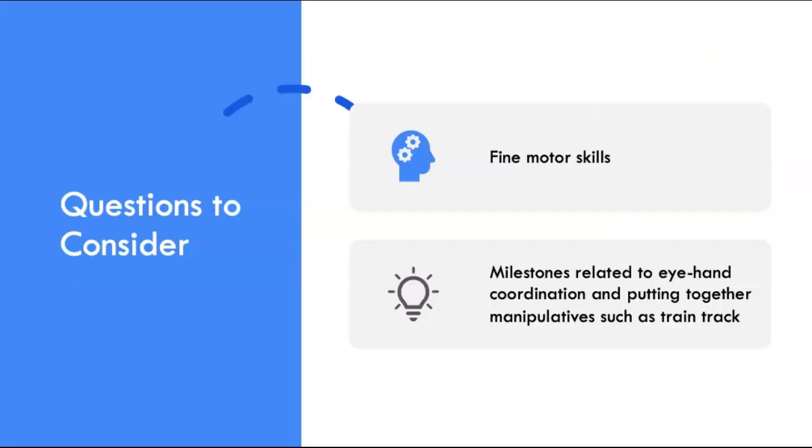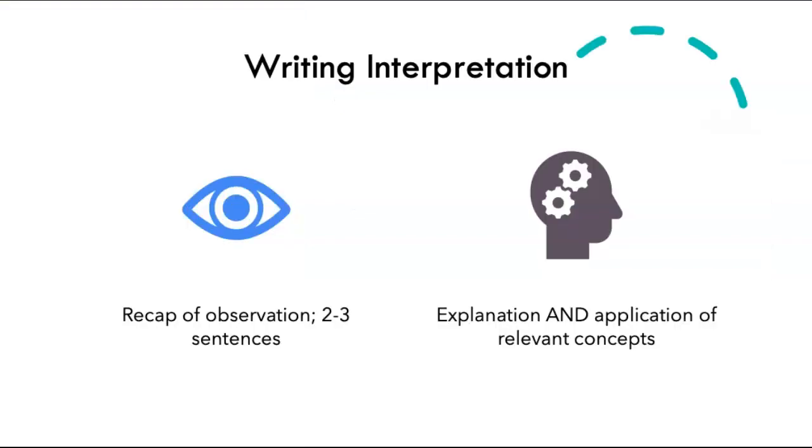So if you think about the concepts that came up, which are fine motor skills, and you want to talk about that, then when you're doing your writing, you want to identify that you're going to use fine motor skills to explain what you saw, but you want to make sure that you're explaining, well, what are fine motor skills? And then you apply it to the observation. So that's how you write an interpretation.